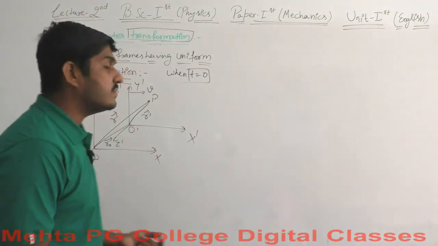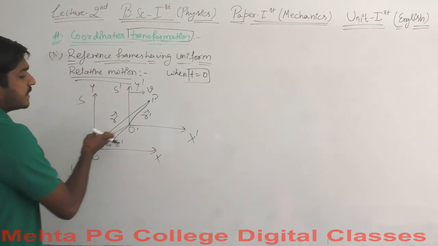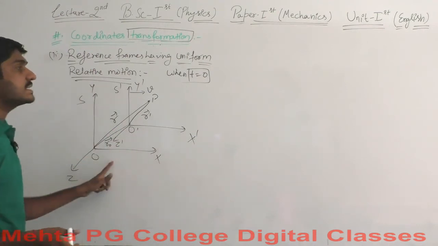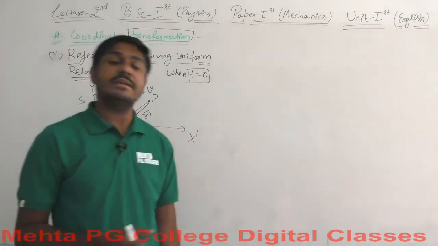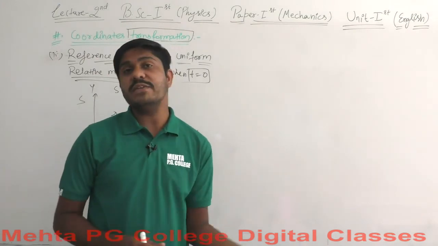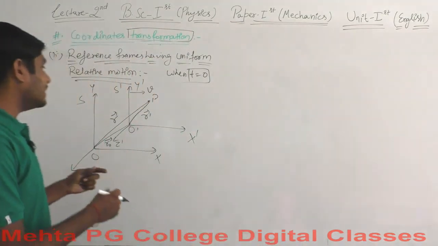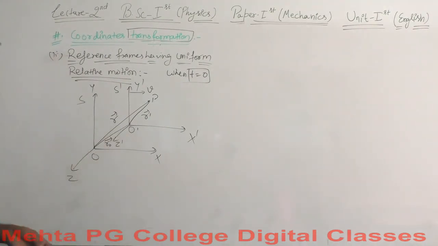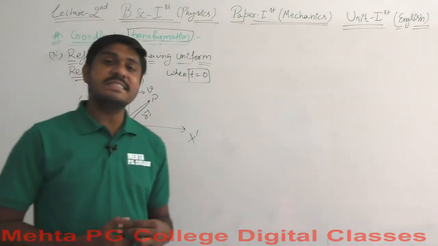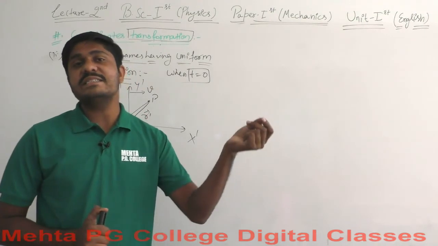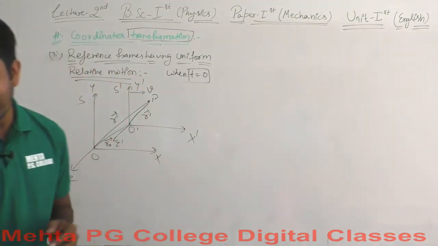But as time changes, the displacement increases. r naught is the displacement at any instant, time t equals t1 or simply t. At any instant the distance is r naught. Okay, so let's find out.